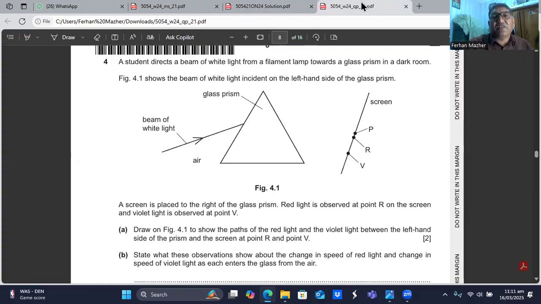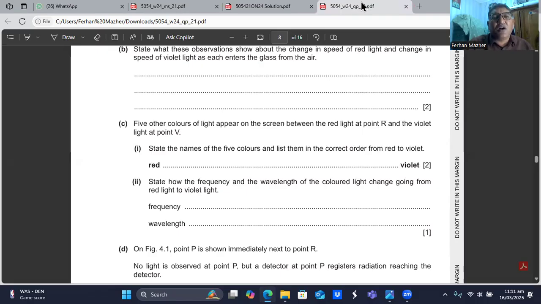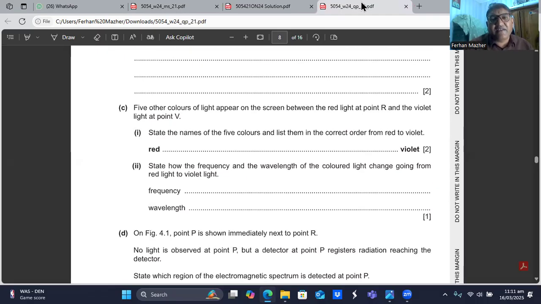So let's move to the next one. Then he says five other colors of light appear on the screen between the red light at the point R and the violet light at the point V. State the names of the five colors and list them in the correct order from red to violet.